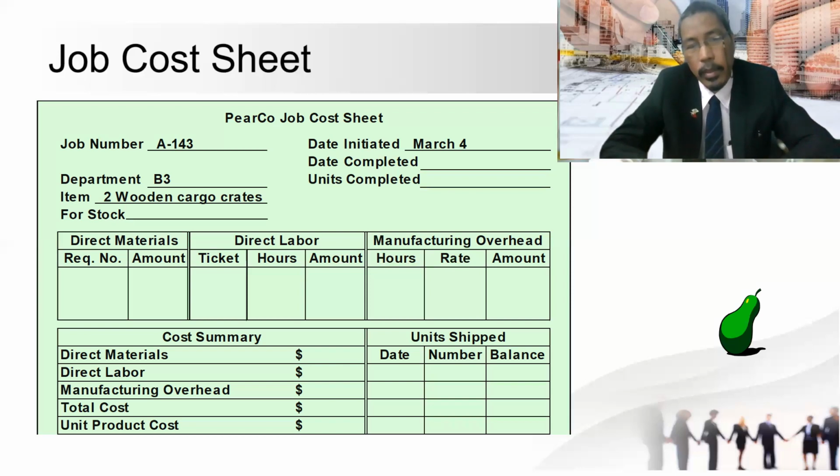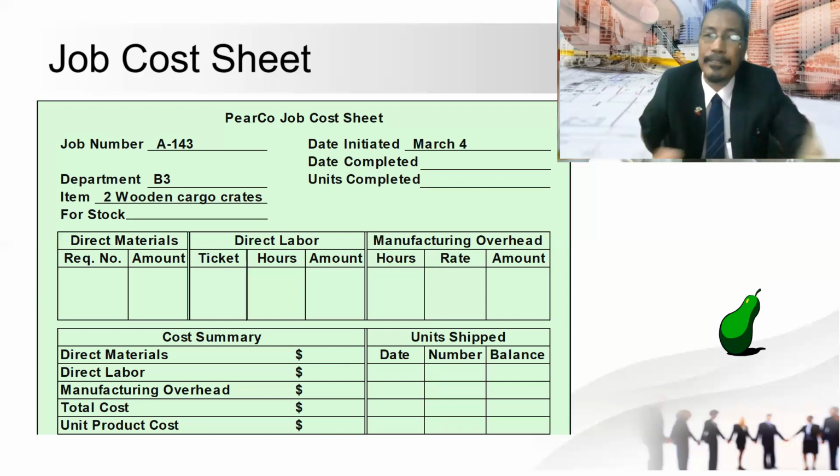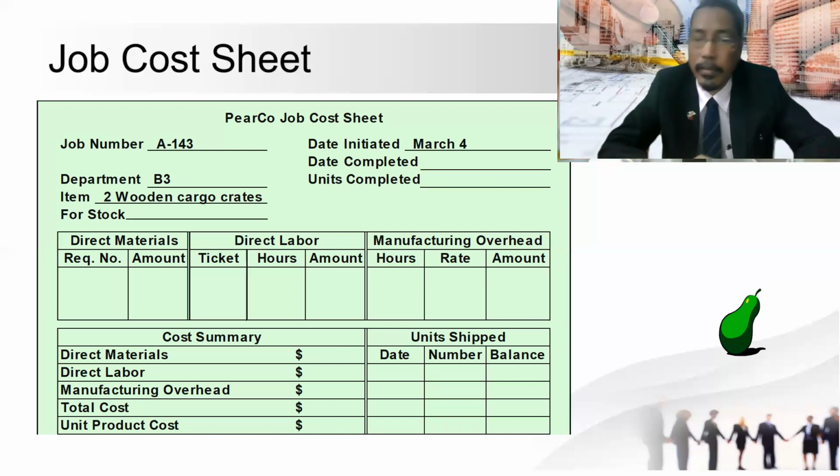What about manufacturing overhead? Hours, rate, amount. How many hours? Only that, because all the manufacturing overhead has to be divided equally to each and every product at the same time. So a per hour basis seems to be a fair proportion.